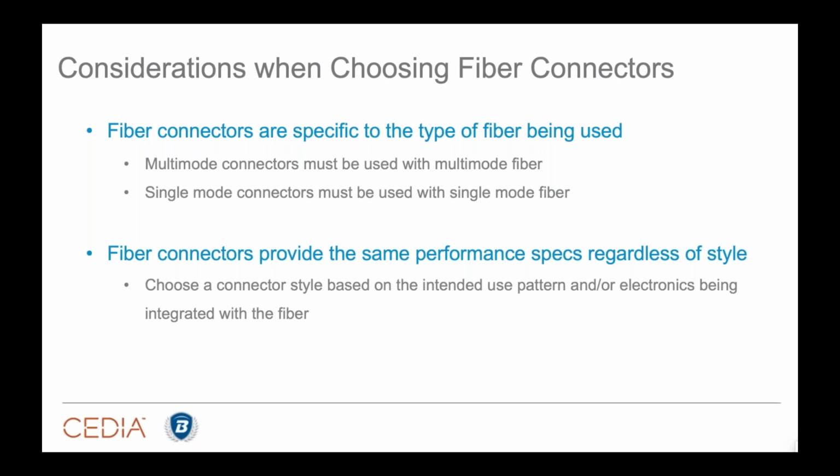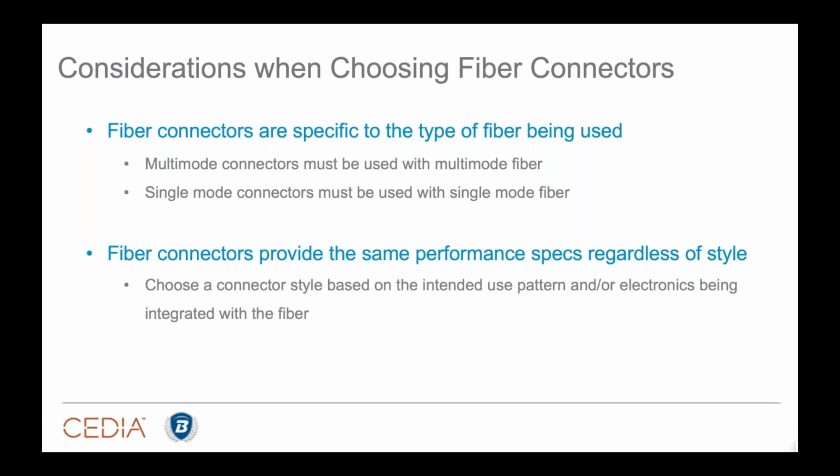The core size, the glass inside those cables, is really different. So you've got to make sure the optical lenses in those connectors are proper for the type of cable you're using. Now, the other thing I should mention is that so much of the connector conversation has to do with style, the form factor of those actual connectors, not so much the performance.